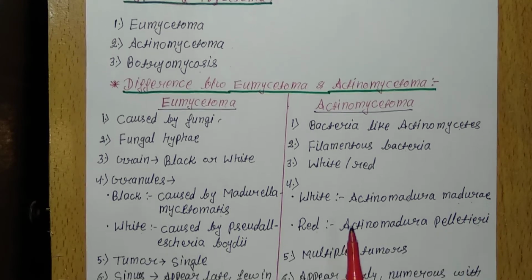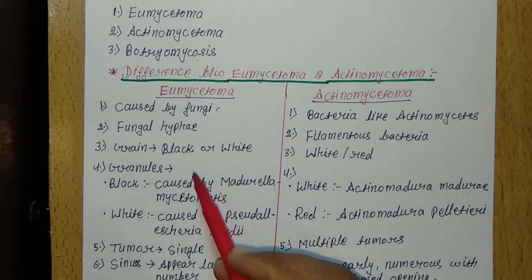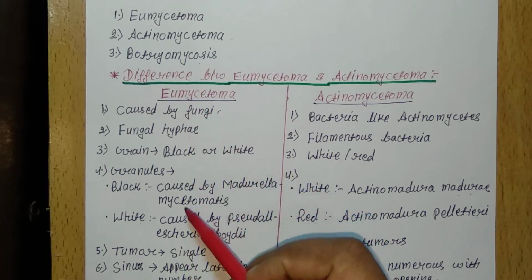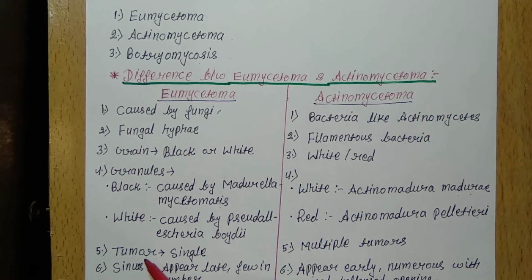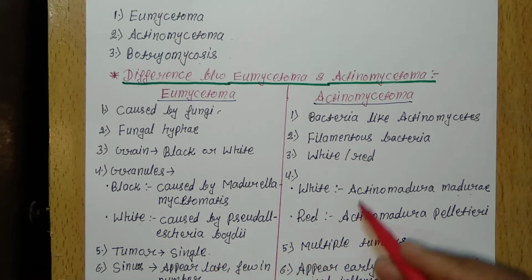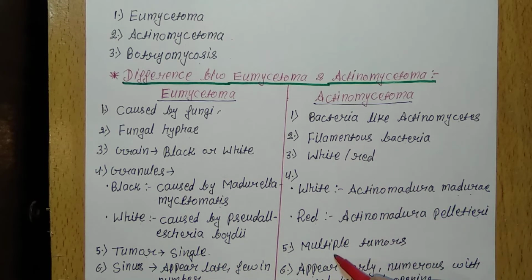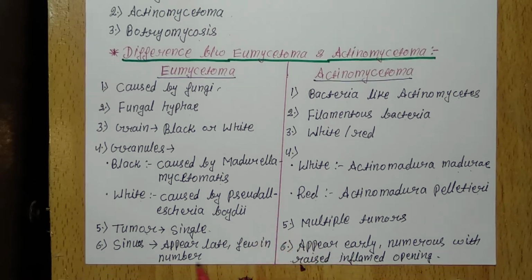So guys, in eumycetoma the tumor may be single, and in actinomycetoma the tumors may be multiple. If sinuses are present in eumycetoma, they appear late and are few in number.